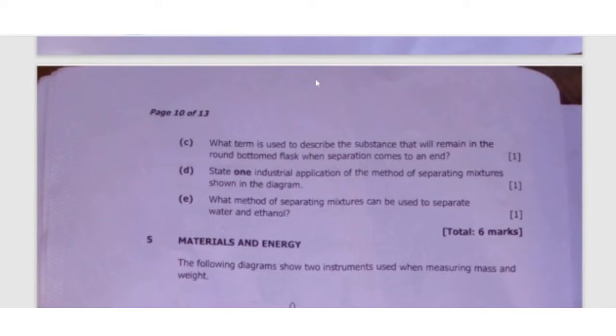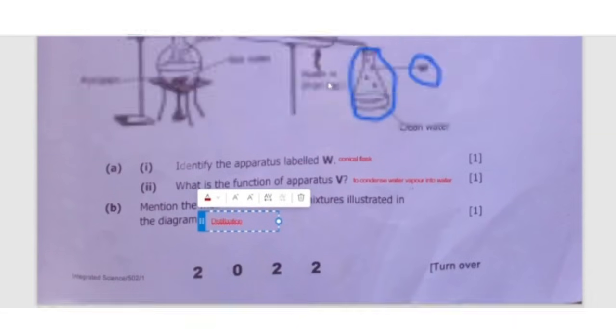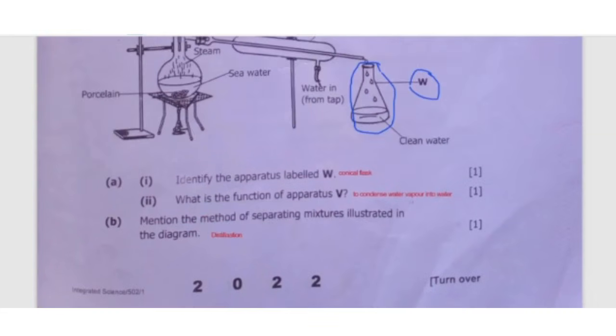We go to question C. What term is used to describe the substance that will remain in the round bottomed flask when separation comes to an end? So here is the round bottom flask. What do we call what will remain here?